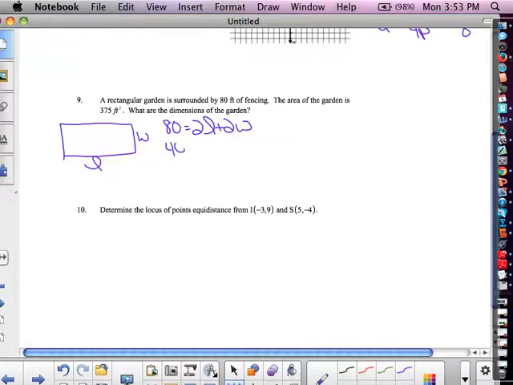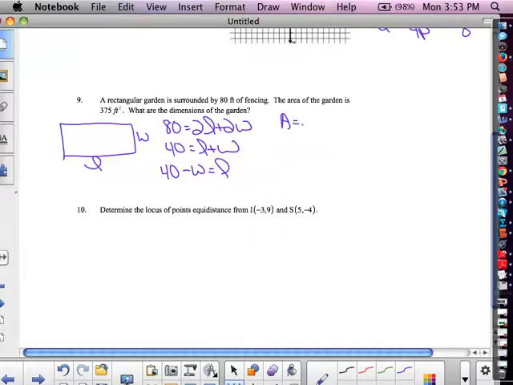Which means 40 is equal to L plus W. Then I'll have that actually as 40 minus W equals L.